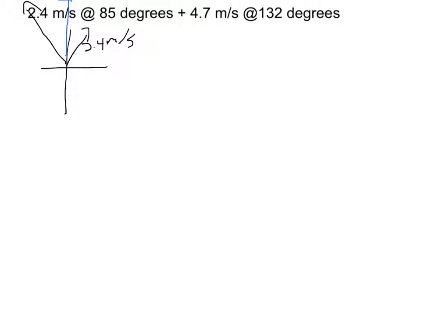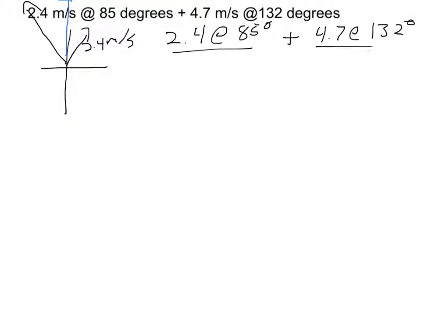Now let's actually work the math, which is the part that's new, and so that's what I'm focusing on. All right, so the 2.4 at 85 degrees, and I'm adding that to 4.7 at 132 degrees. So x's and y's, right? Break each into their components.